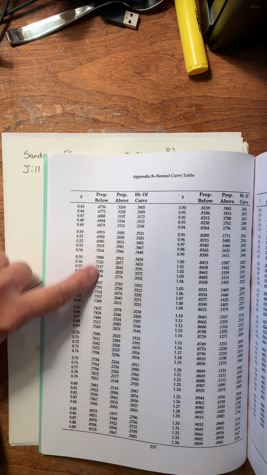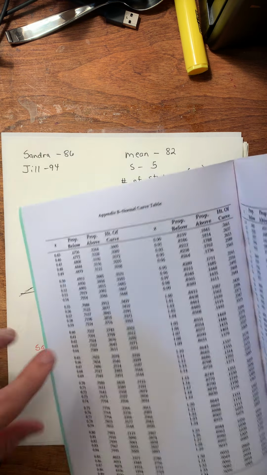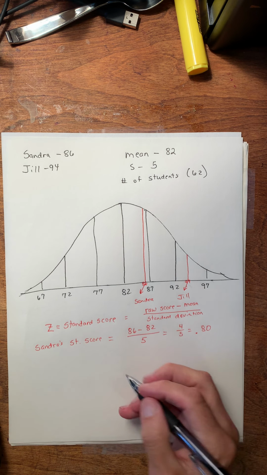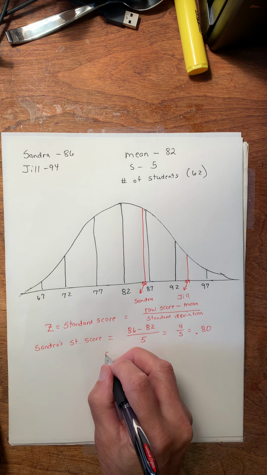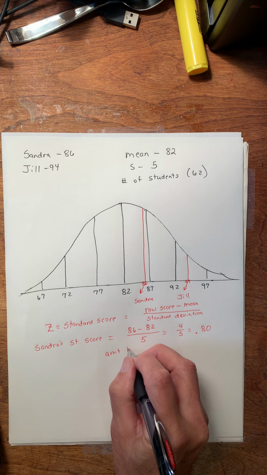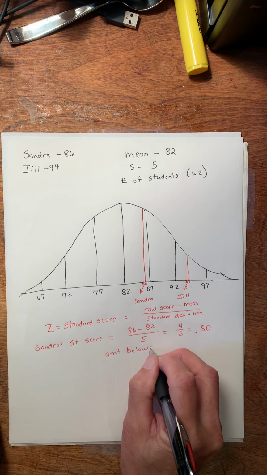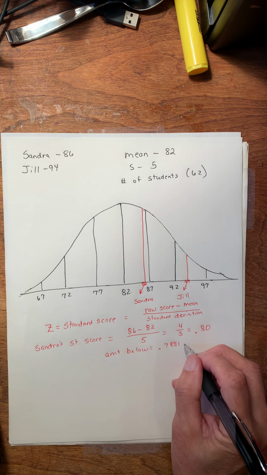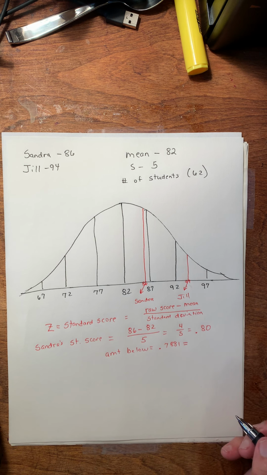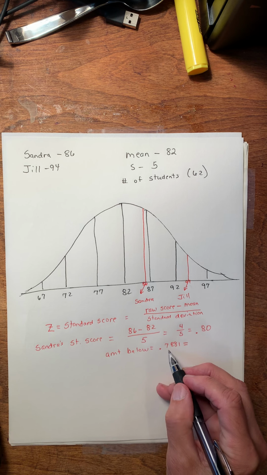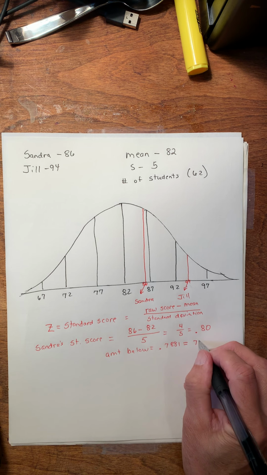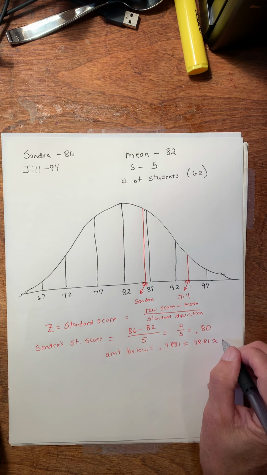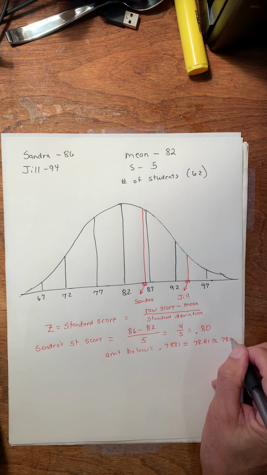So the amount below is 0.7881. I'm going to write that down. So the amount below is 0.7881, but I'm going to express this as a percentage, which means I move the decimal 2 places. 78.81, or approximately 78.8%.